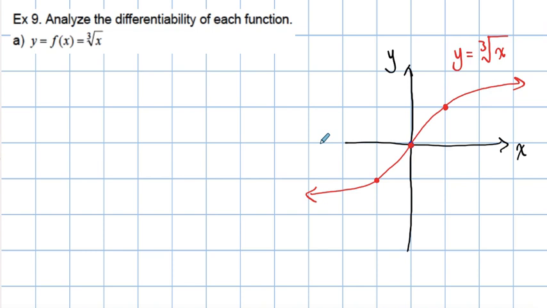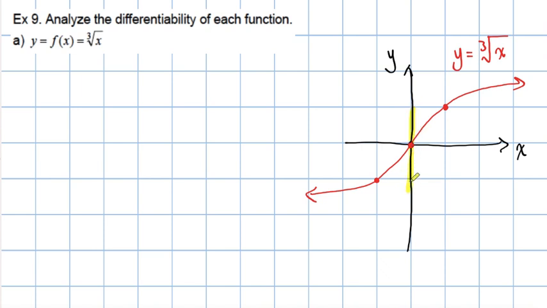That's good. But I also need to think about where it might not be differentiable, and we've talked about some different ways to identify differentiability from the graph. We can see from this graph that it's not going to be differentiable at 0, because if I were to draw the tangent line through here, it's going to be vertical.